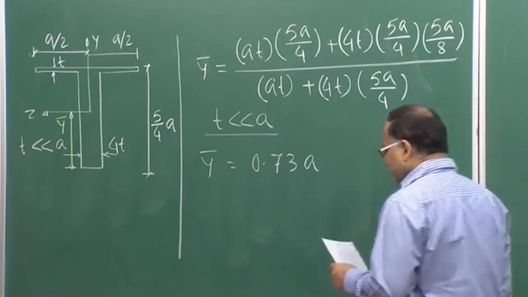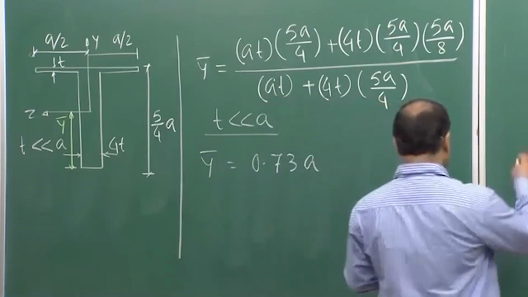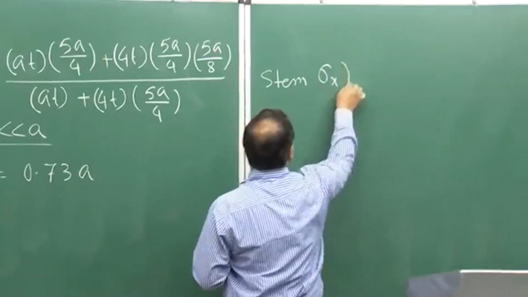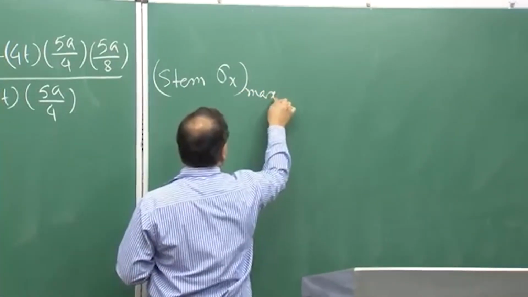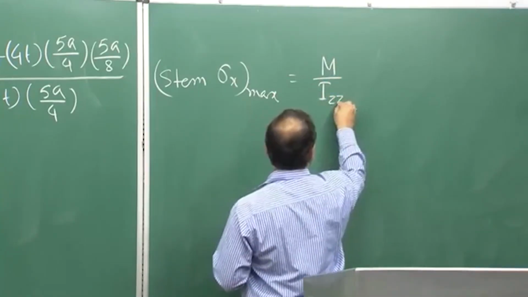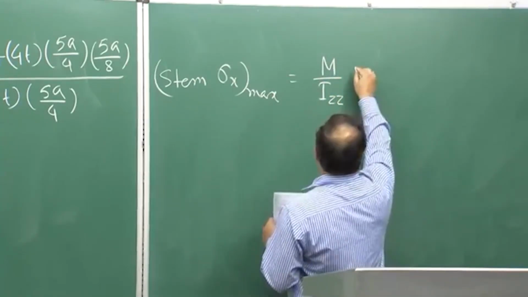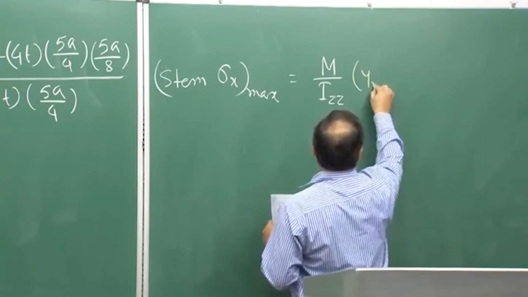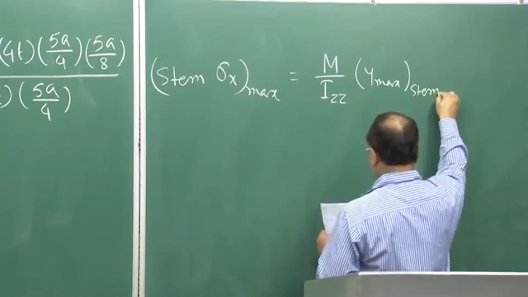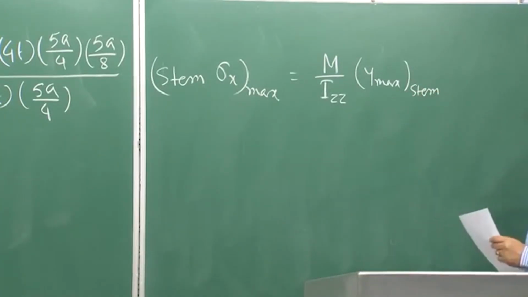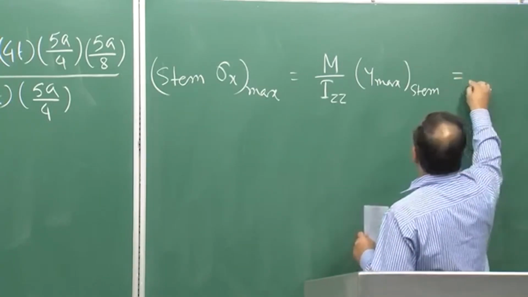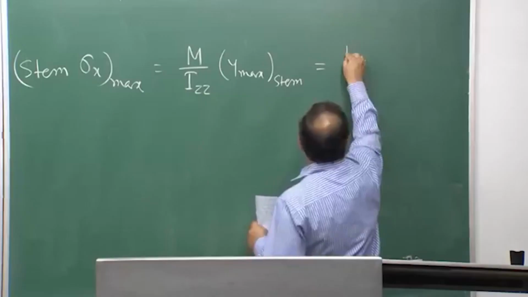Once you have identified the location of the neutral surface, then for the stem, sigma x max is equal to M over I zz times y max for the stem.